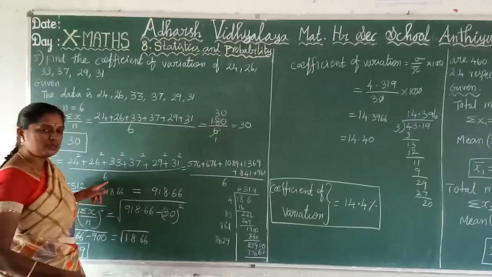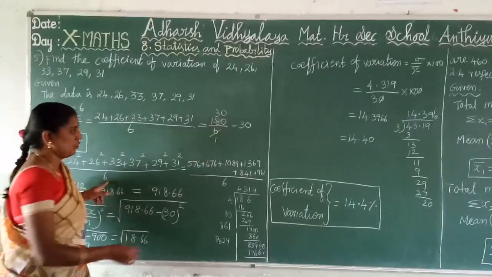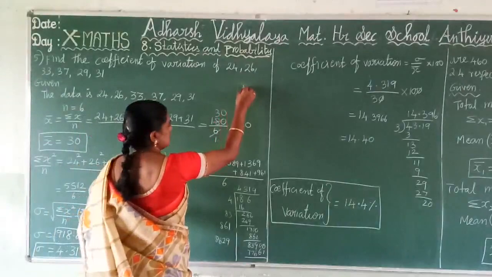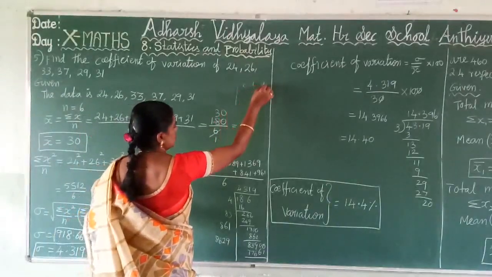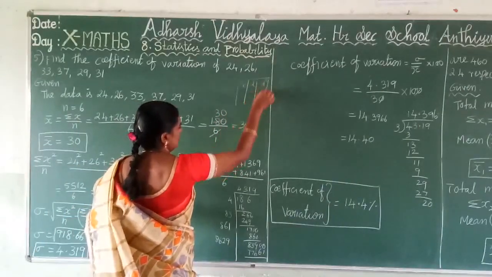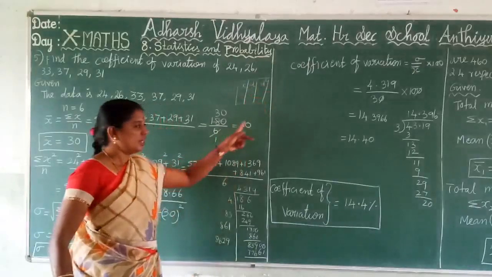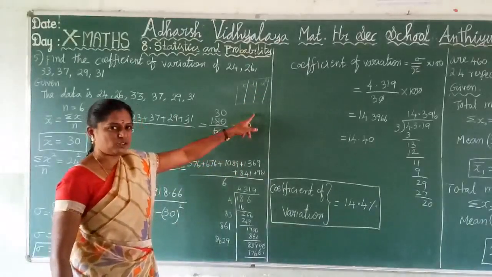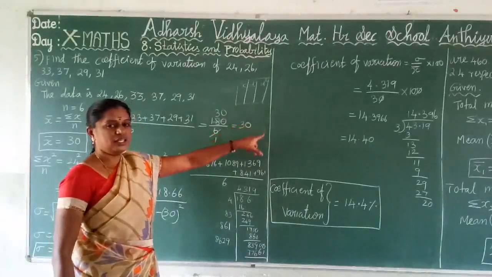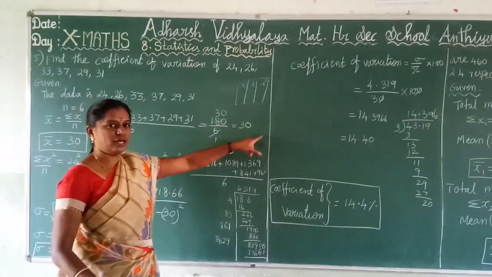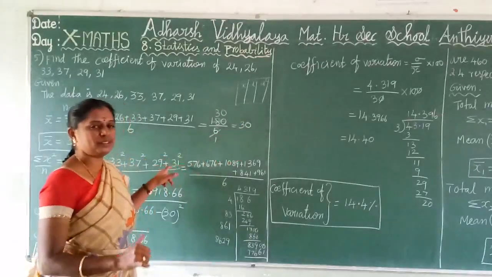Otherwise, as in the last exercise, you find x and d square in the table and apply the formula summation d square by n, then calculate the standard deviation. Both are the same. Clear? Follow any one method.